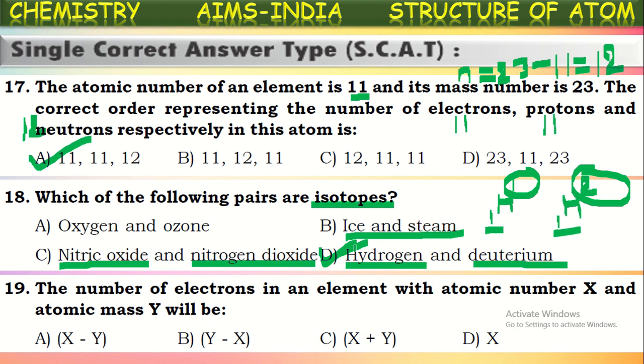Now we can say the atomic number for neutral atoms is equal to its number of electrons. So the atomic number is mentioned as X here, so X will be the number of electrons present in it. So there is no need for the mass number here for the calculation of electrons. They have given it just for confusion. So the atomic number is equal to the number of protons as well as the number of electrons.